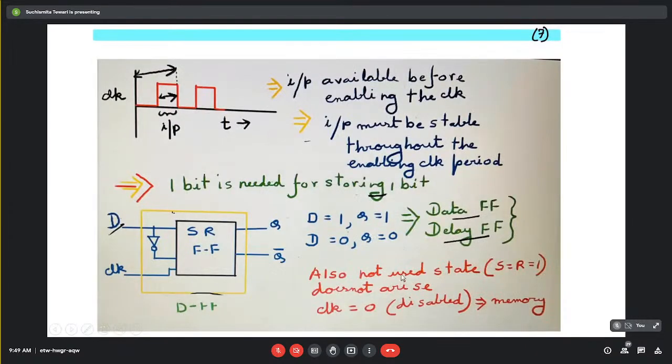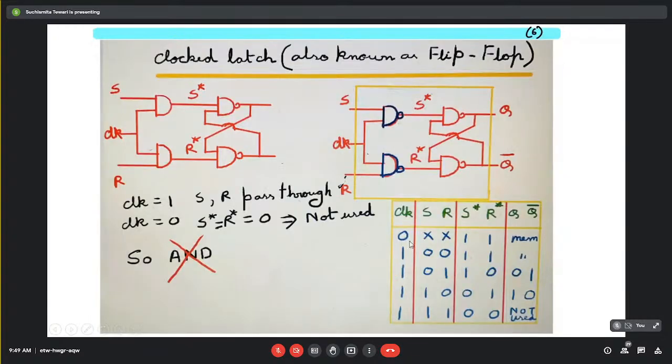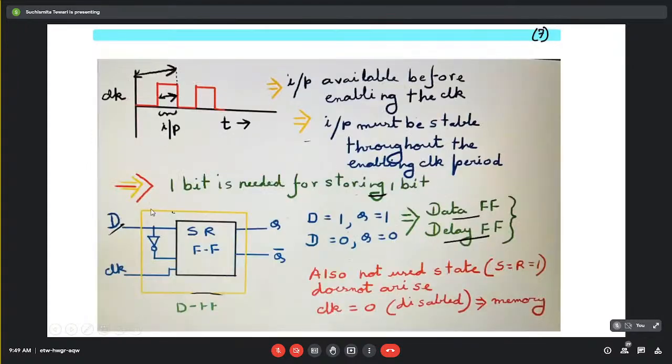But then you will say the memory condition is also being avoided. Here, when the clock is 1 and SR is 0 0, this memory condition is avoided. But not this one, when the clock is disabled and inputs are don't care. So it can still perform as a memory element if we put clock equal to 0.